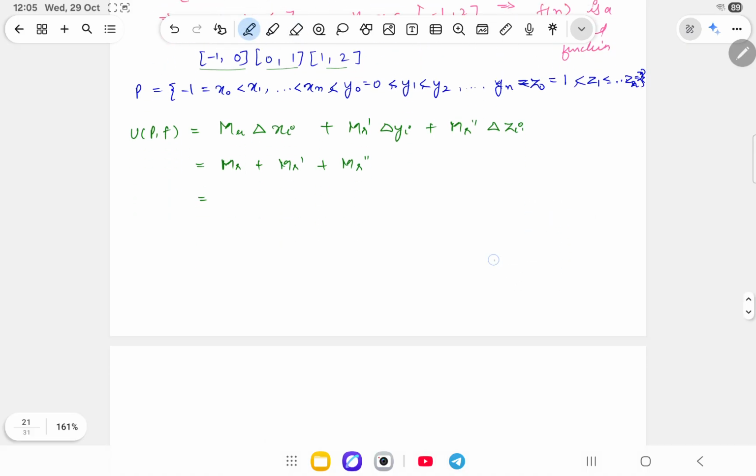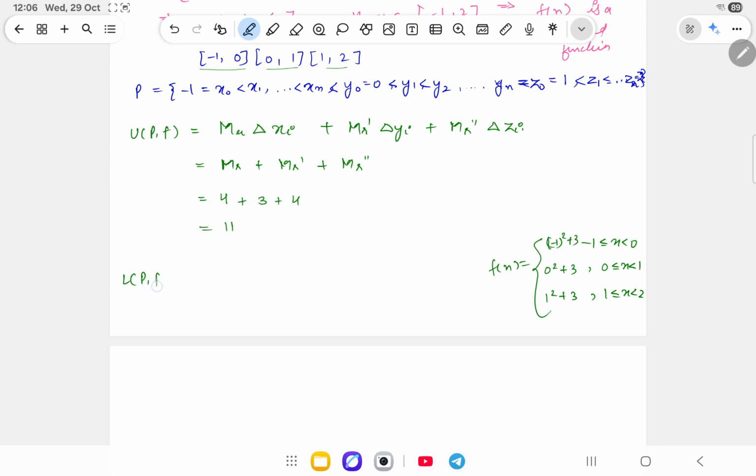When x is in this interval, it is (-1)^2 + 3. When x is in this interval, it is 0^2 + 3, and when x is in this interval, it is 1^2 + 3. So it will be 4 plus 3 plus 4, that is 8 plus 3, which is 11.